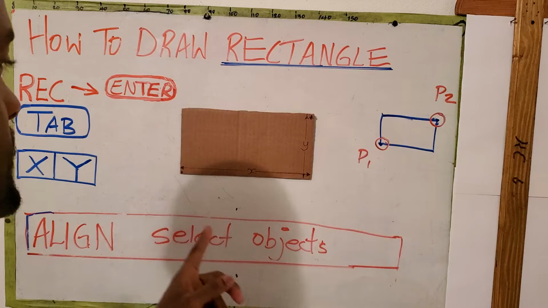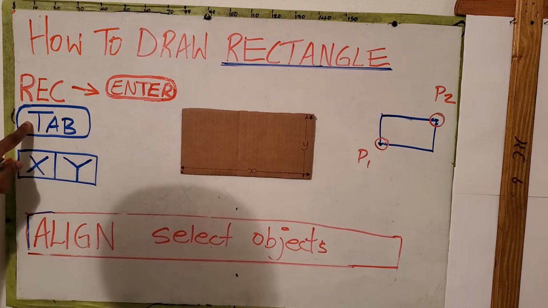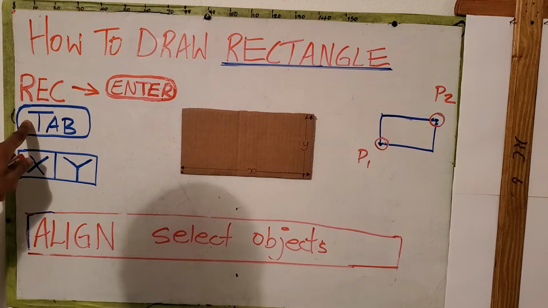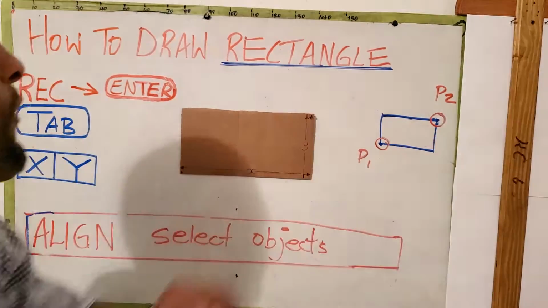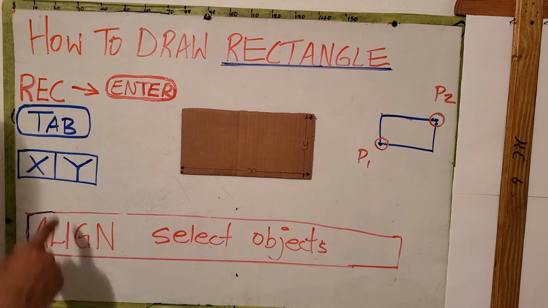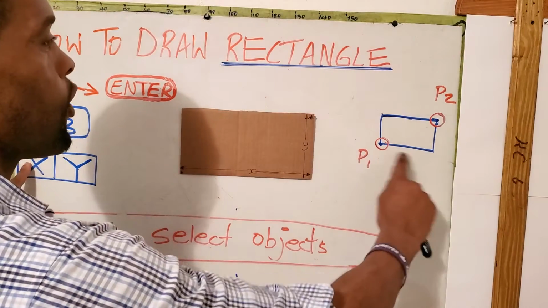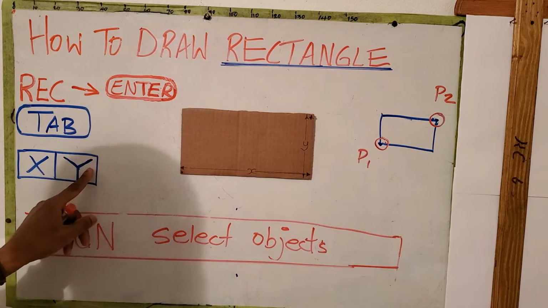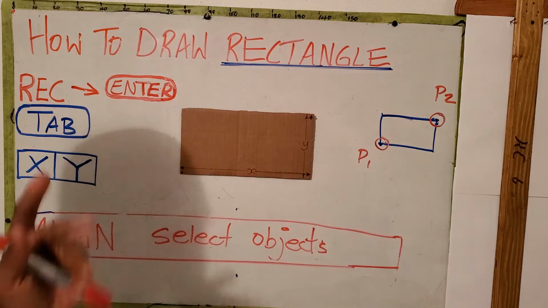Second, we should be aware that the tab key is used to switch from the X to Y value, right? Thirdly, it is important to know that the first value in that box is always the X value or the horizontal value. The second box is the Y value. Very, very important.